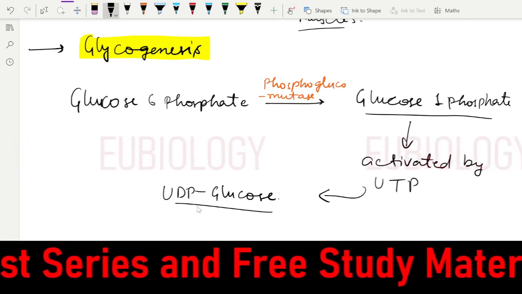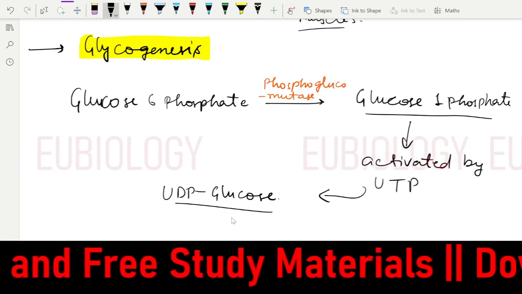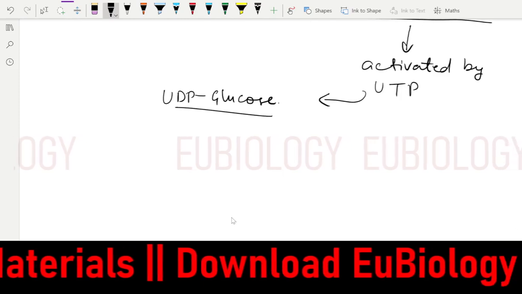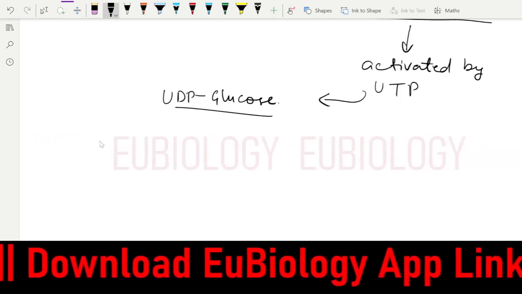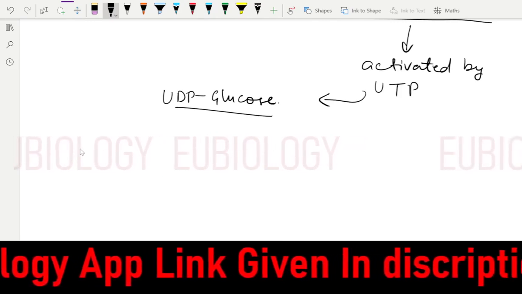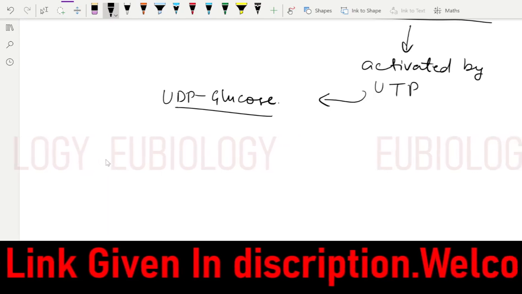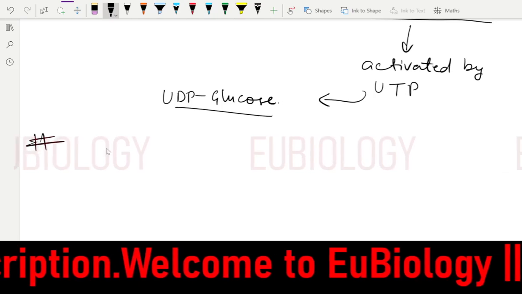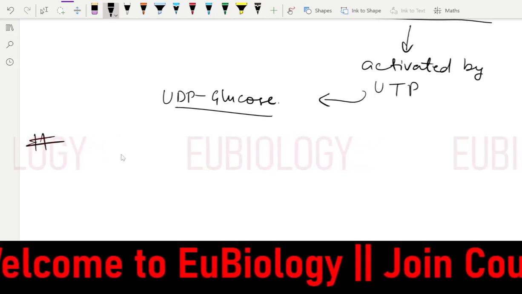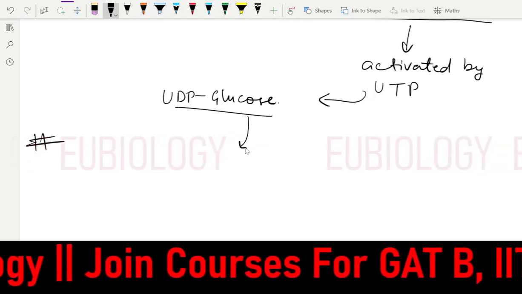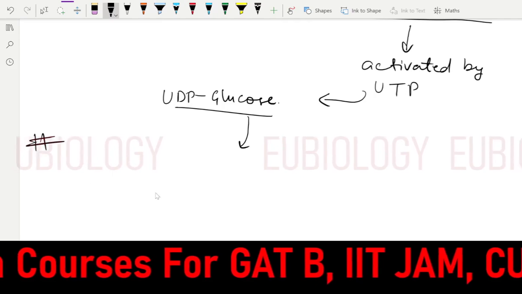This is the activator. It will help in the binding of the glucose at the 2 prime OH of a glucose chain. So you have to follow this. What is the important thing? We need a precursor chain before binding this glucose somewhere. We cannot bind anywhere in this space.